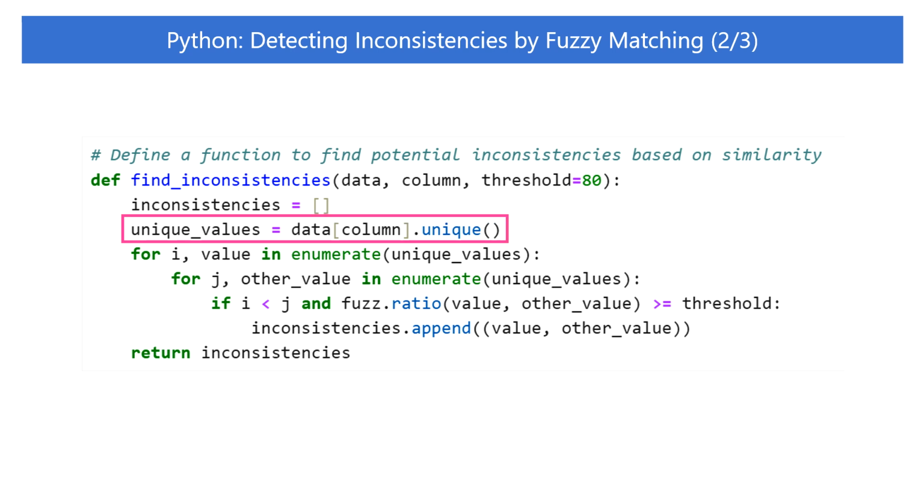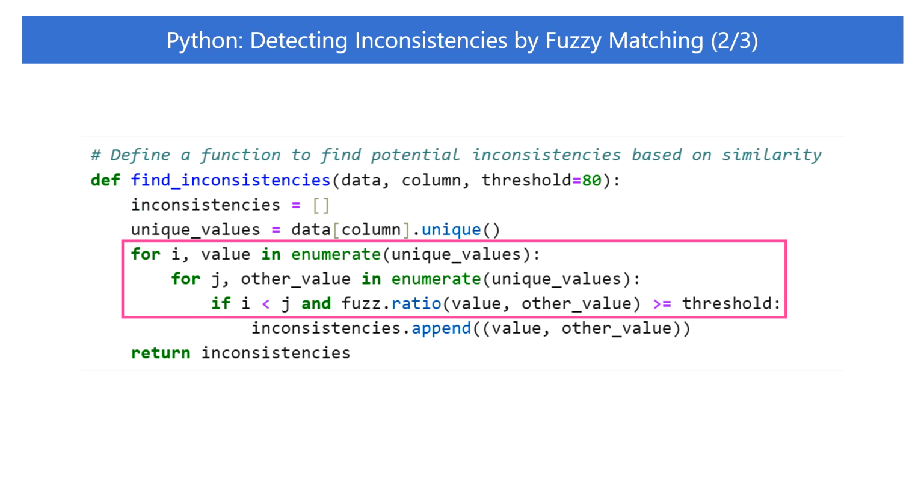Next, by using a unique function, extract unique values from the specified column to avoid redundant comparisons. Next, use a nested loop to compare each pair of unique values. The condition i is smaller than j ensures that each pair is compared only once. The fuzz ratio function calculates the similarity score between value and other value.